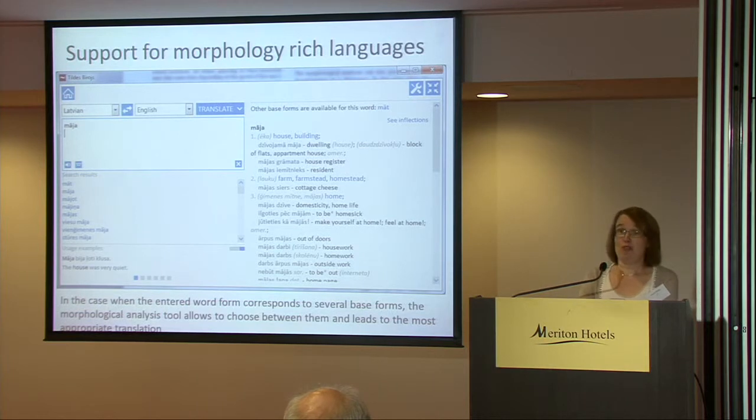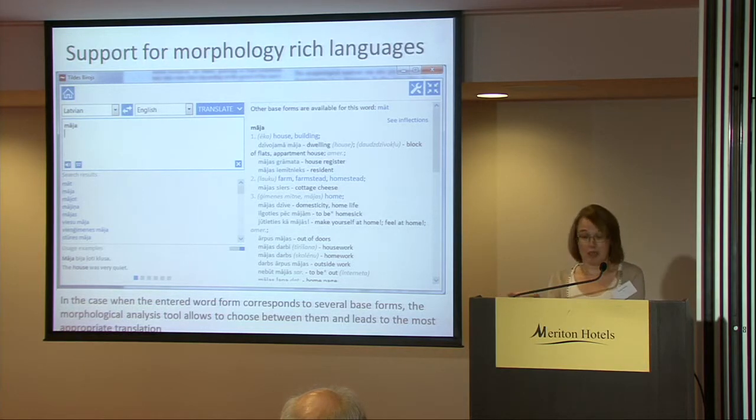Another problem is morphology-rich languages such as Latvian or Estonian, and there are two cases again. The first case is just that many words are ambiguous. For instance, the Latvian word mājā I have on screen. It means house, and the dictionary provides a translation for this word.